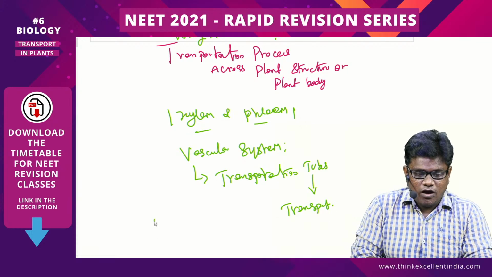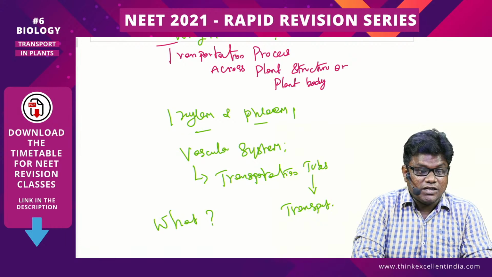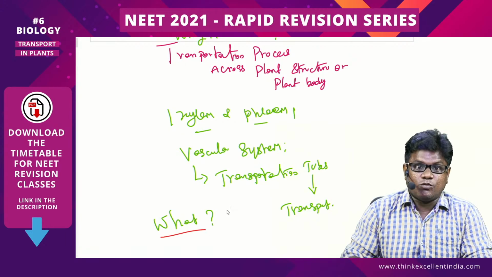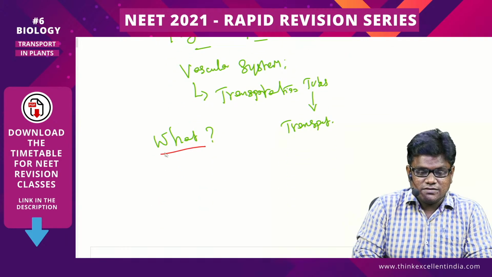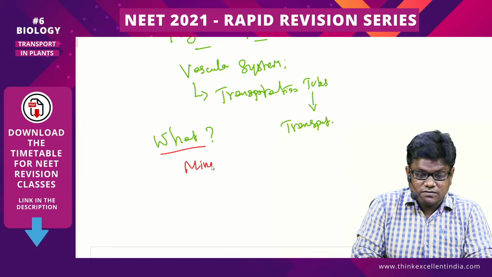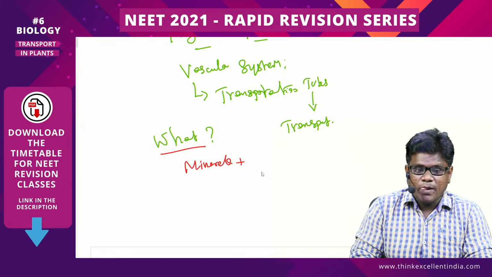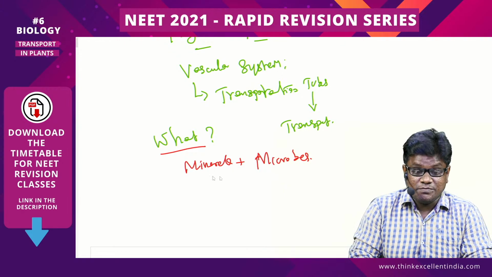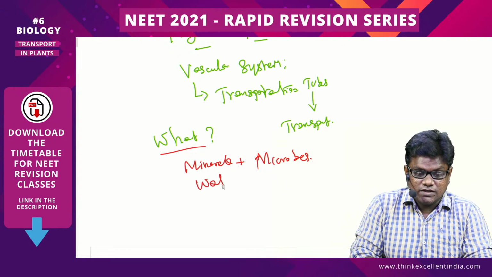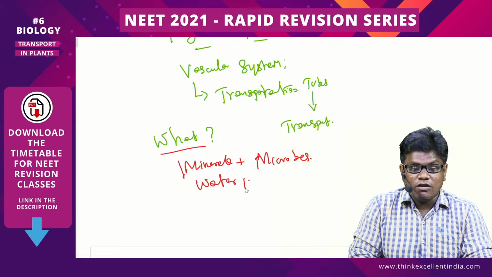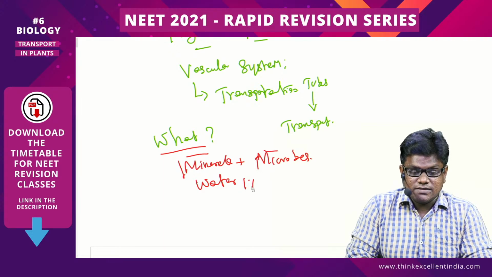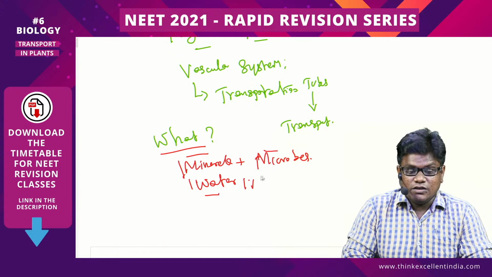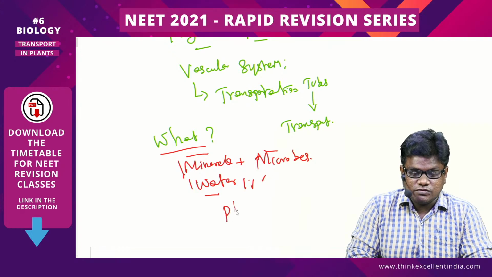So what exactly is getting transported inside the plant system? It's nothing but the minerals, plus symbiotic associated microbes in the root system, and the water content. These are the main resources, the substrates of the photosynthetic process.